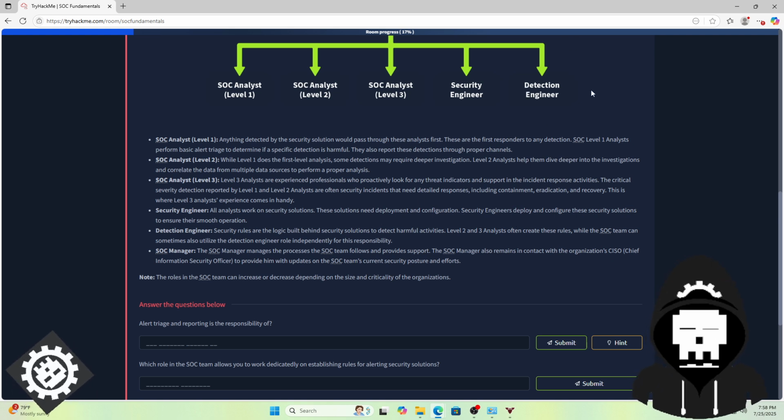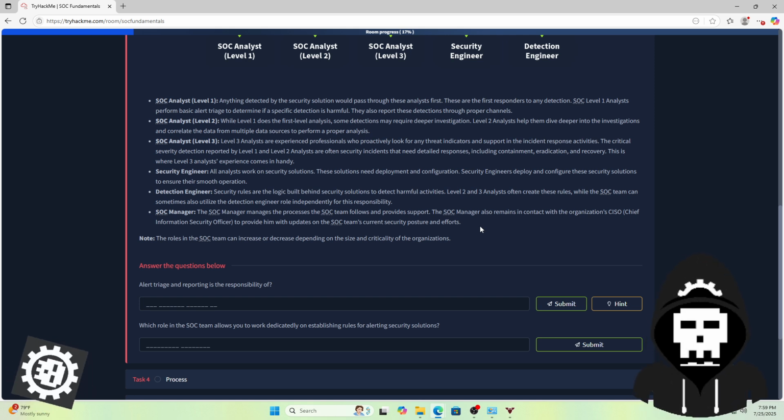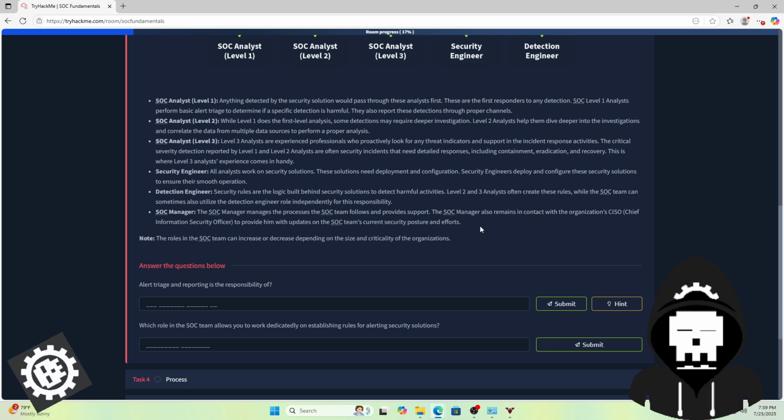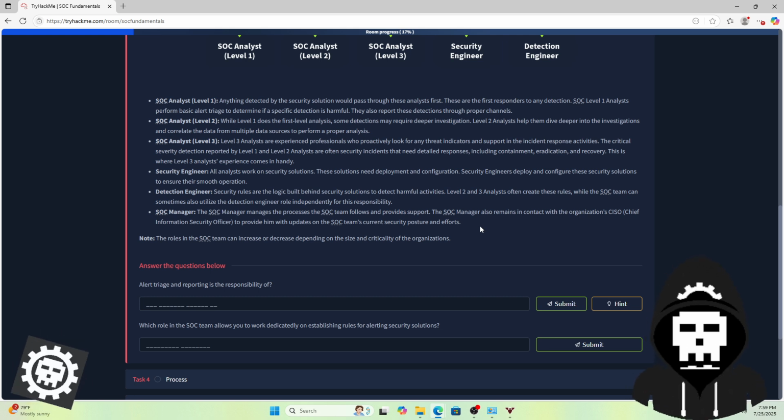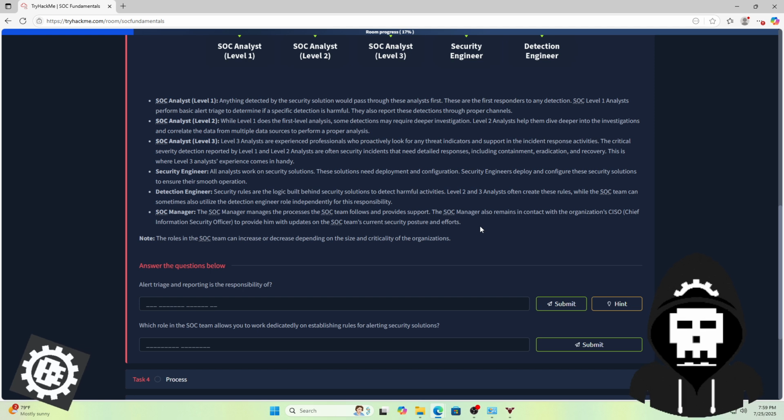And then we have these detection engineers. So when you imagine a SOC alert firing, there's rules that are built into the security solution behind the scenes. So a detection engineer can help utilize and build these sort of rules. They will work with SOC analysts to configure these to prevent false positives.